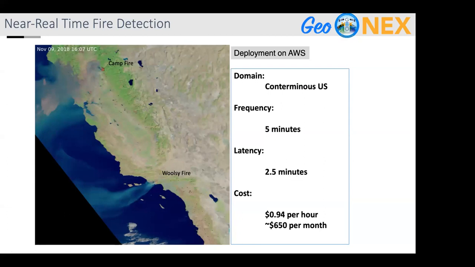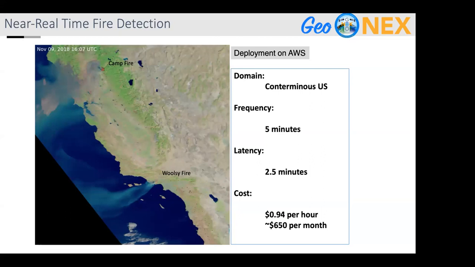So what happens is NOAA pushed the data. Once they receive the data from the satellite, they push it to AWS, the public cloud, and we set up the whole mechanism. Once the data arrives at AWS, they send us a notice, and then we just launch our server or machine. We actually use a Docker container and just launch that virtual machine and then process the data.